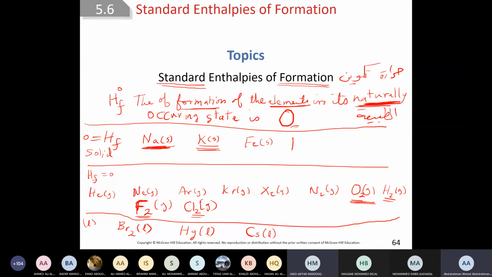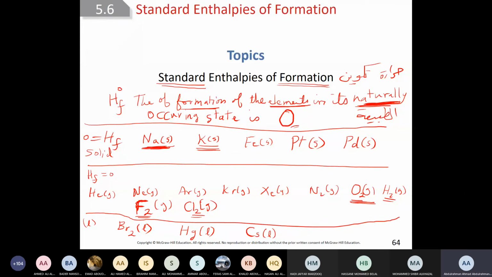How about solid platinum? 0. How about solid palladium? It's all like this.